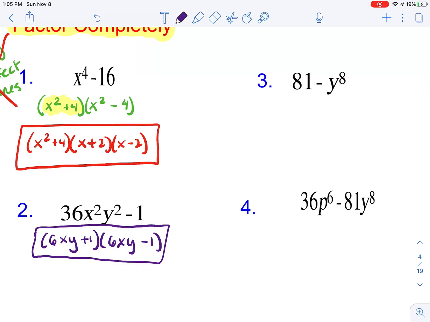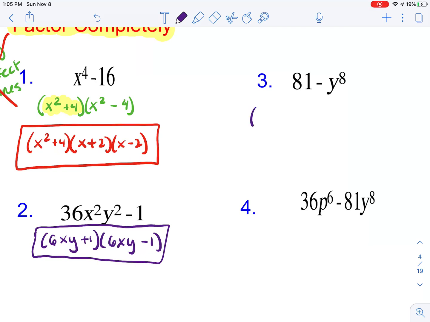Number 3. What's the difference in the structure? Because that's what we're looking at with factoring. Well, as opposed to the first two examples, the number 81 is before the variable y to the 8th. So what's key about this type of question, when the order seems to be switched, is that you must mimic the order that you see in the question in your difference of two perfect squares factoring.